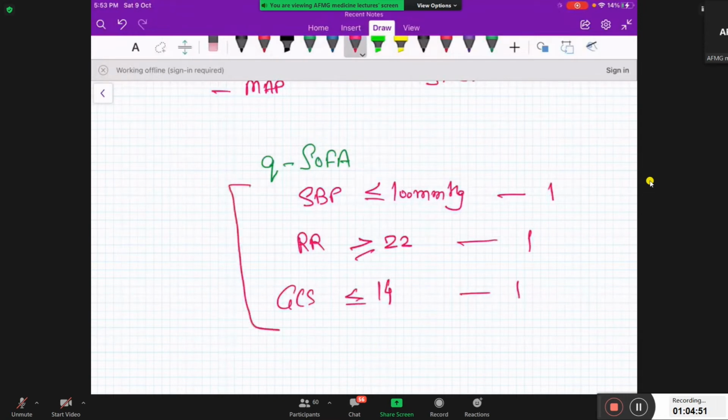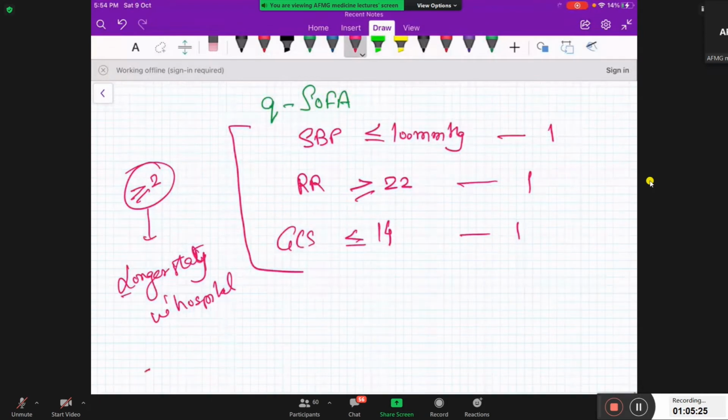Any patient who has a quick SOFA of more than or equal to 2 at the time of admission, it is very likely that this patient has a longer stay in hospital, and it is also possible that he has a high risk of mortality also.